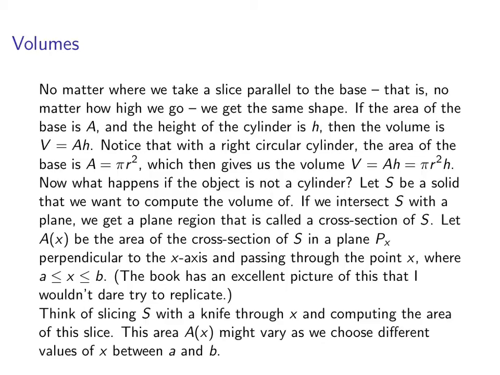And the important thing is that this area might vary as we choose different values of x between a and b. When you have a cylinder, it's not supposed to vary. But when you have an object that's not a cylinder, then you could have different values of A of x. Think of a French loaf of bread. When you cut it at the ends, you get very small pieces of bread. You cut it in the middle, you get big pieces. And so the area will vary as you move along.